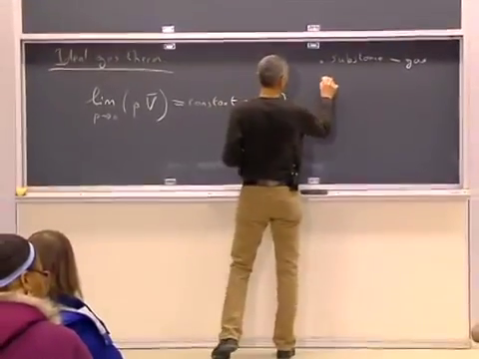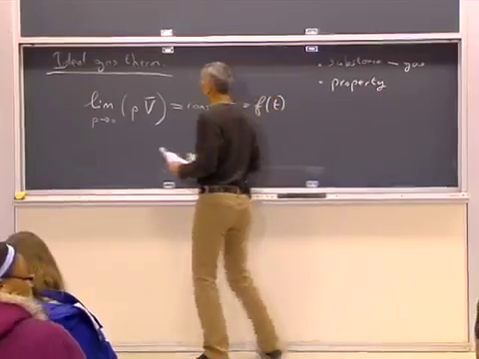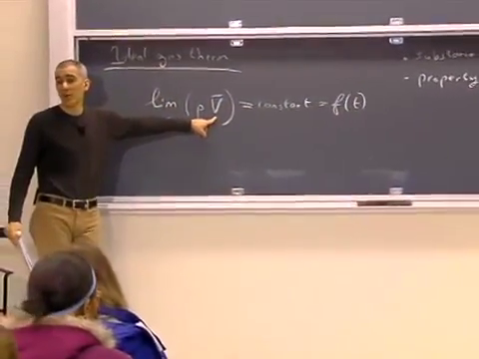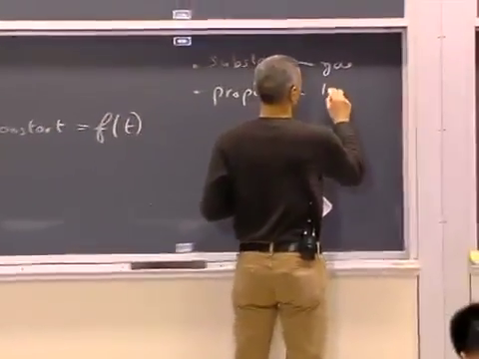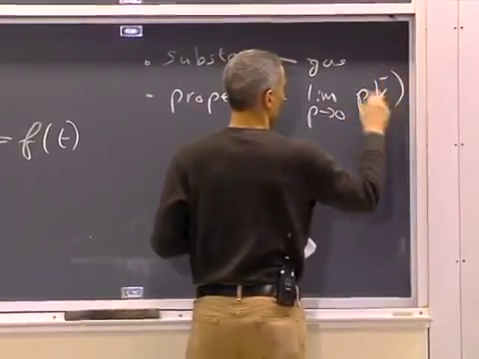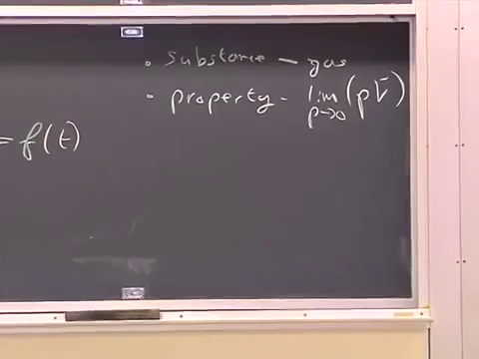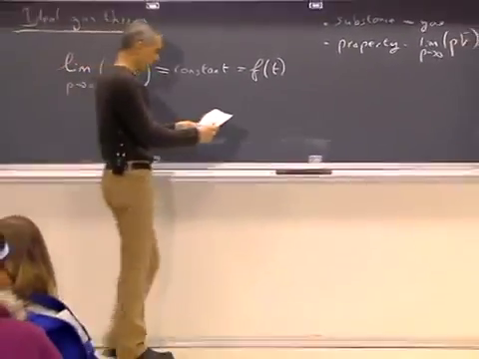In this case, our property is the value of the pressure times the molar volume. That's the property. The property is the limit as p goes to 0 of pressure times molar volume. It's a number. We're going to measure it. That's the property that's going to give us the change in temperature.